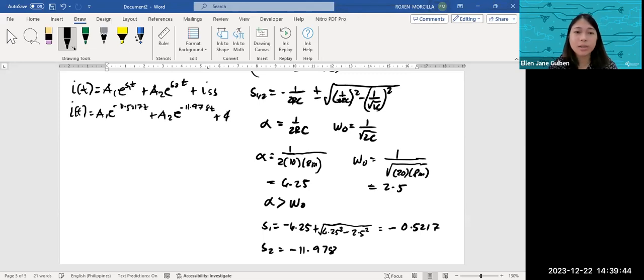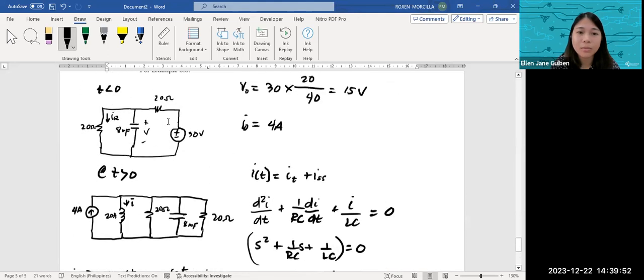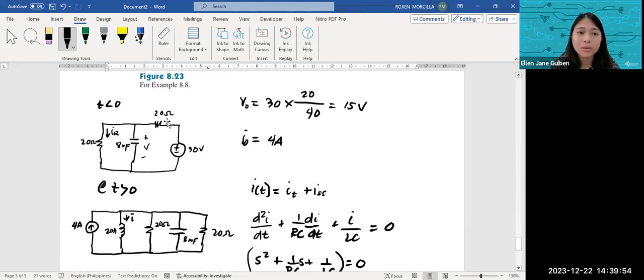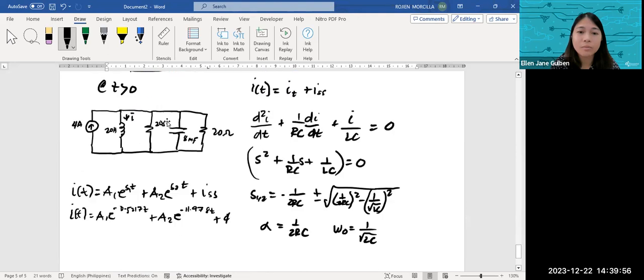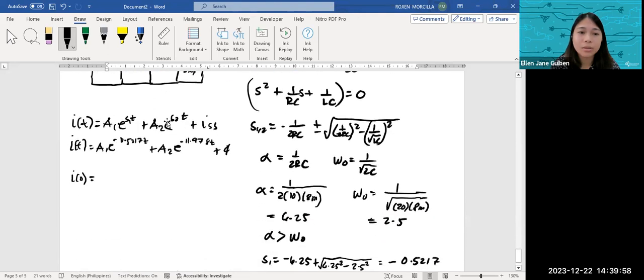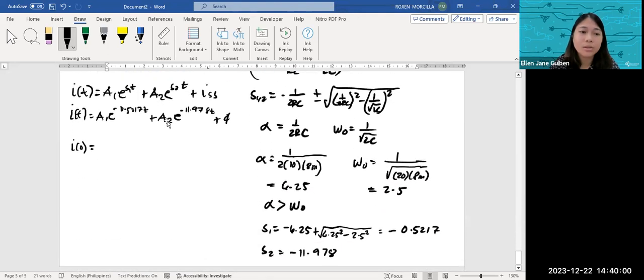Now we will be doing the initial condition, I at 0. So I at 0, we get 4 amps. So I at 0 is 4 amps also.